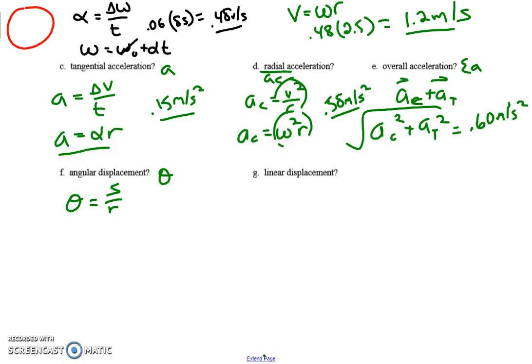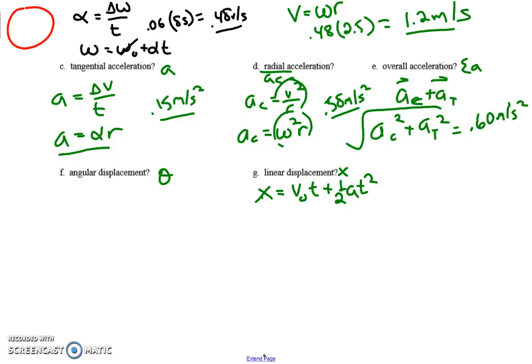We have an equation for that. You may not think of it off the top of your head, but let me go back. If I ask for linear displacement, that's x, let's say. I know we can call it s, but I'm going to use x. We can say x equals v naught t plus 1/2 a t squared, right?